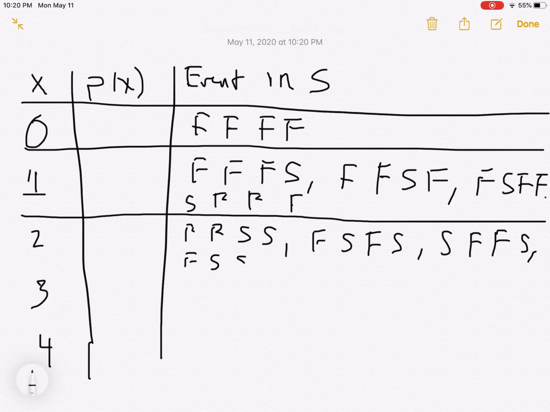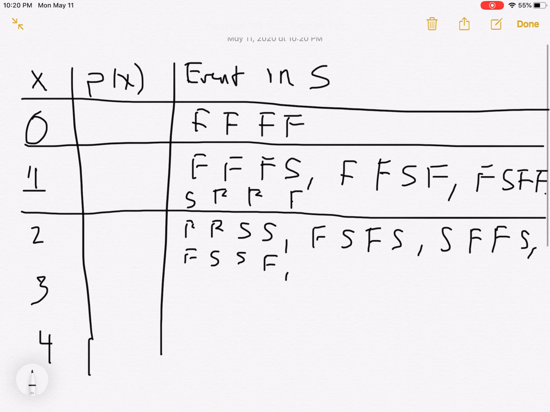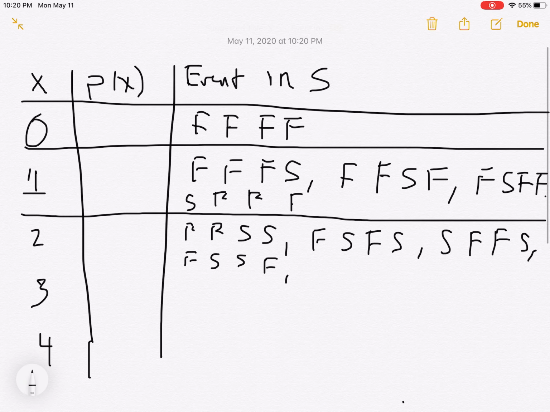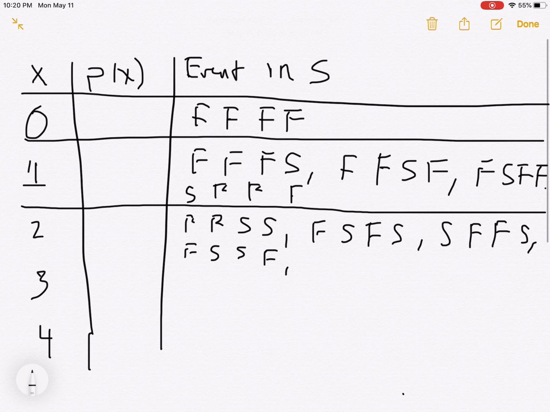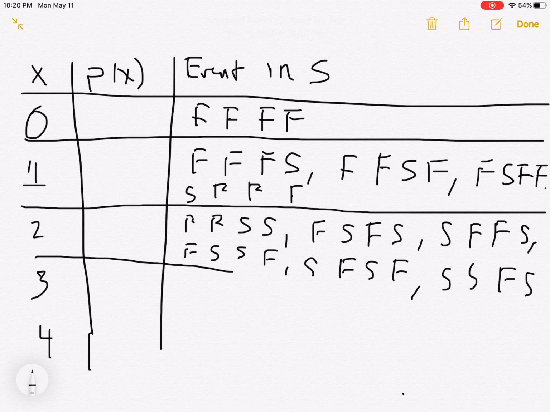Failure, success, success, failure. And I could have success, failure, success, failure. And here's the last way in which it could occur. I could have success, success, failure, success. Those are all the ways in which I could have two successes.